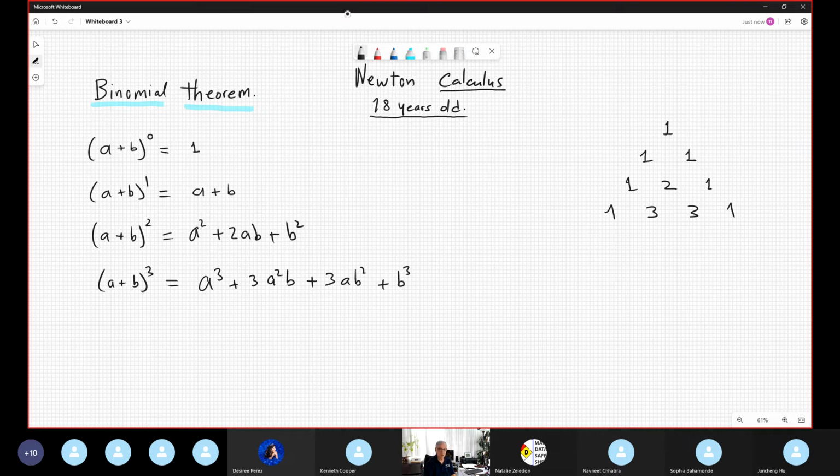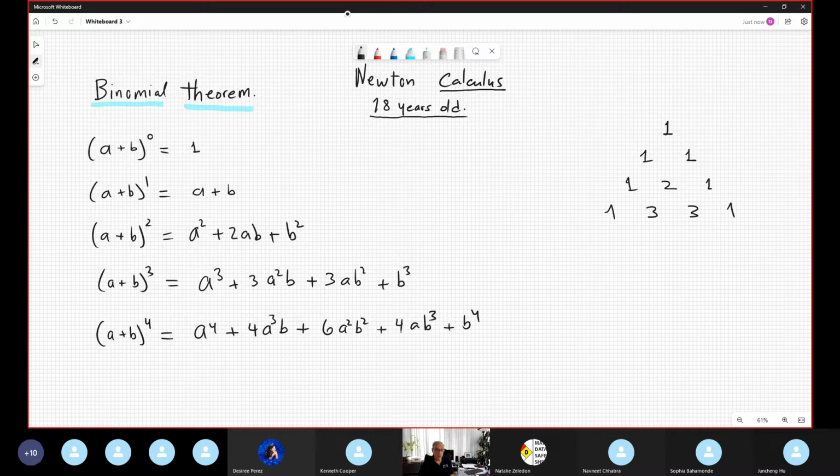Okay, yes. I want to do one more, and after that I want to discover what the formula is. So a plus b to the 4th power is a to the 4th power plus 4a cubed b plus 6a squared b squared plus 4ab cubed plus b to the 4th.